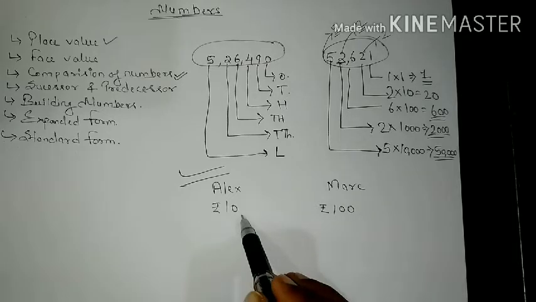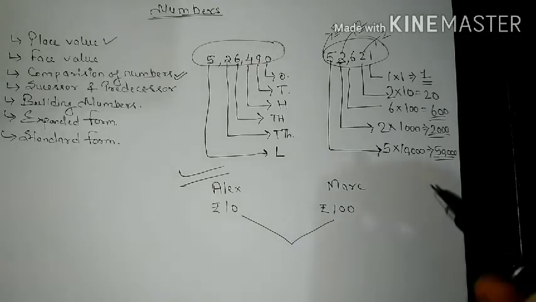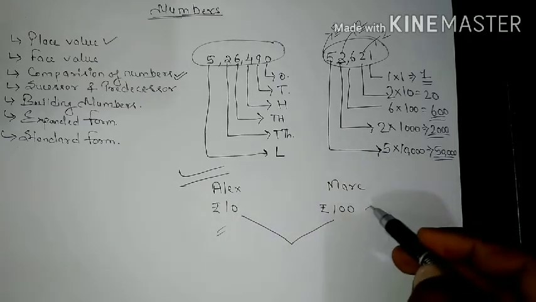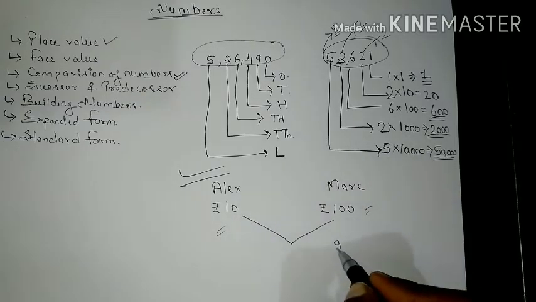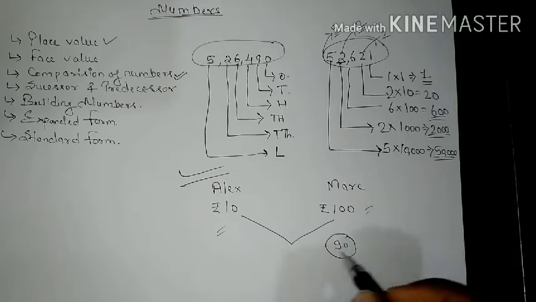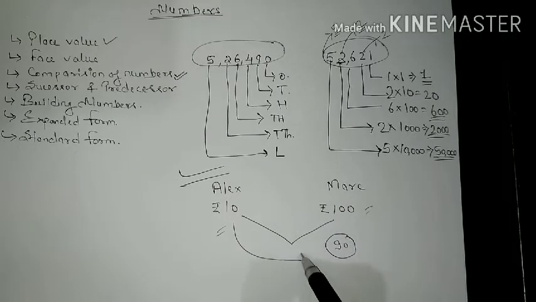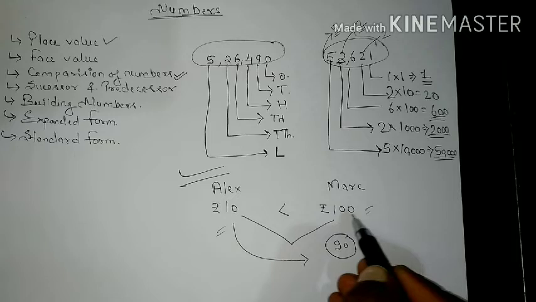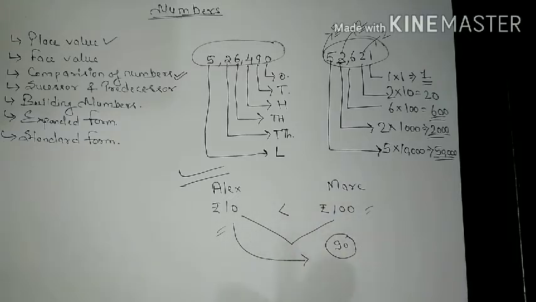This is the comparison. Alex is only having 10 rupees and Mark is having 100 rupees. That means Mark is having 90 more rupees than Alex. It means that 100 is greater than 10.